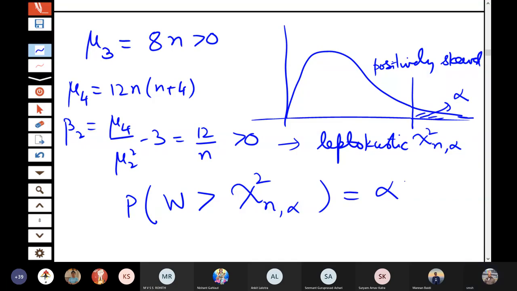In the tables of statistics, if you look at the end of the book, tables are given for points of the chi-square distribution also. I'll just show, I don't know whether it is visible from here or not. So you can see here, for different values of n and alpha, the tables of chi-square n alpha are given at the end of the book.